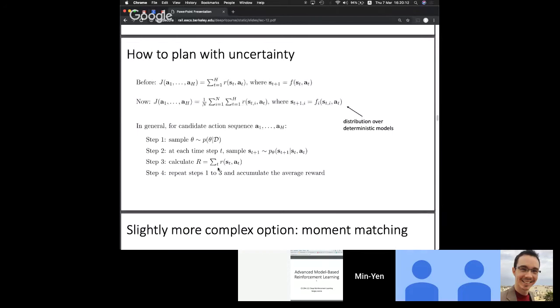Yeah, and then the algorithm becomes quite simple. You sample one particular neural network to get the observation, then you calculate the reward, and then you go back to step one, sample another neural network, and compute the reward. You keep doing this, and finally you accumulate the average reward for a particular action.